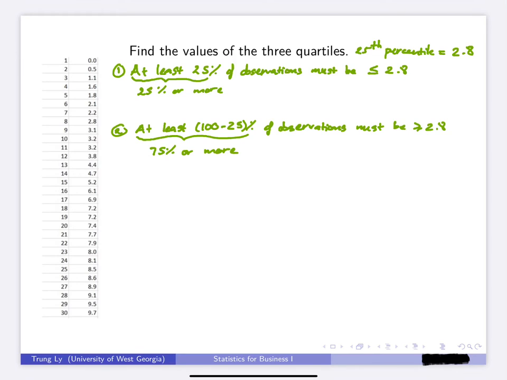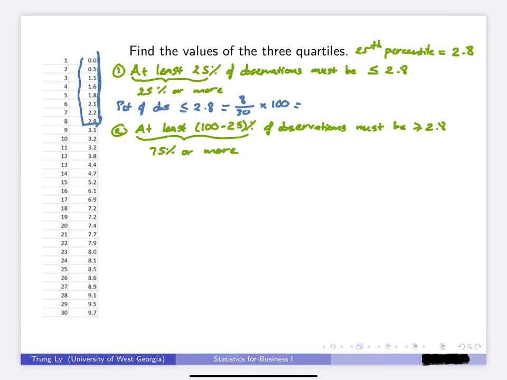First off, we have 8 observations in the dataset whose values are less than or equal to 2.8. So the percentage of observations less than or equal to 2.8 is equal to 8 divided by 30 times 100.